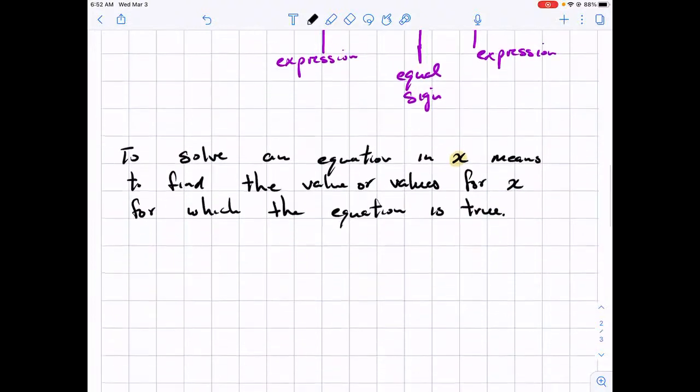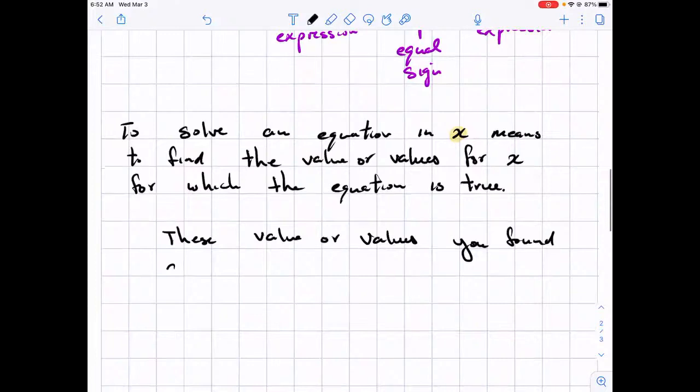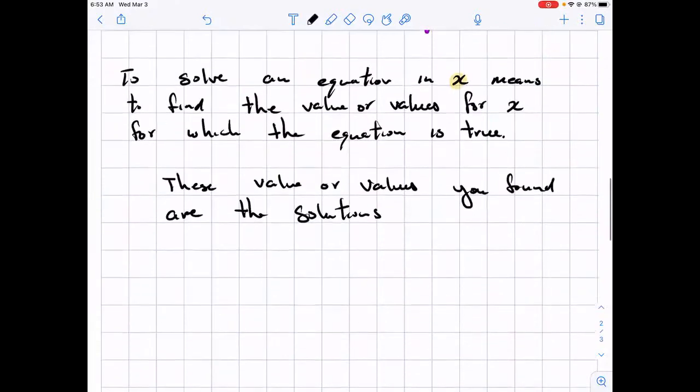Now, I can give you a scenario where you can just look at it and guess the value of X. The value or values you found are the solution. The values that you find are the solutions to the equation.